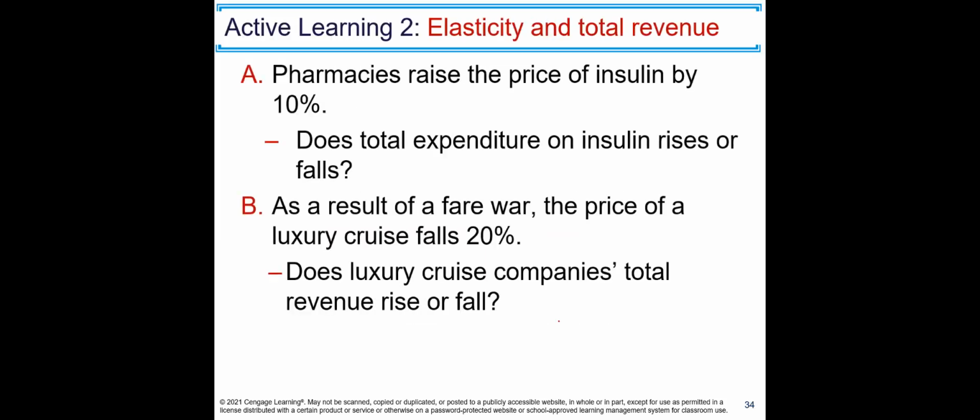So let's look at this example. Pharmacies raise the price of insulin by 10%. Thus total expenditure, which is equal to total revenue, on insulin rises or falls. Remember, the quantity demanded for insulin is price inelastic.